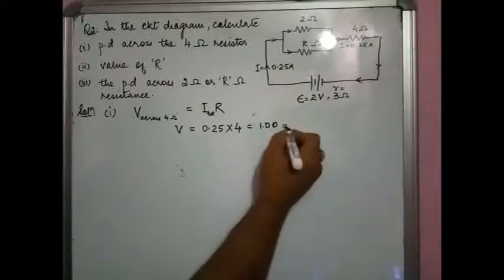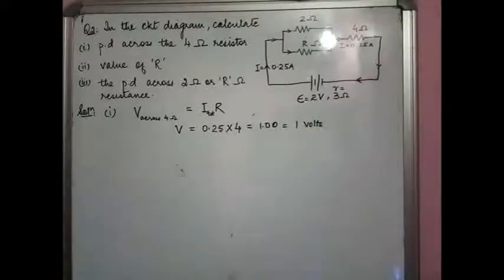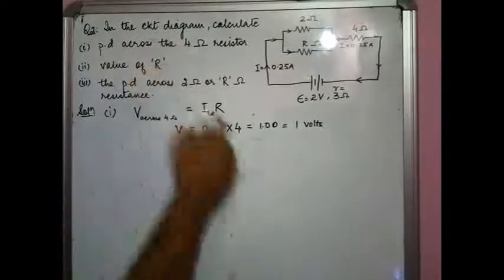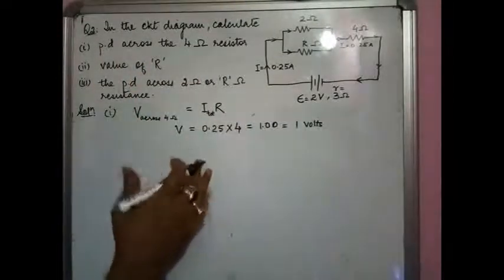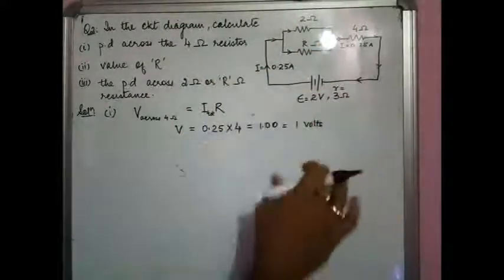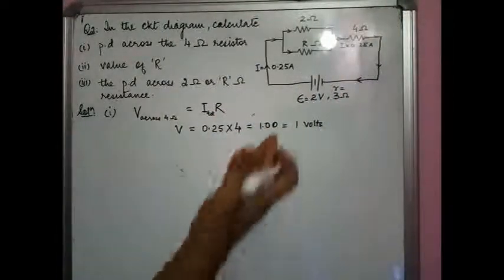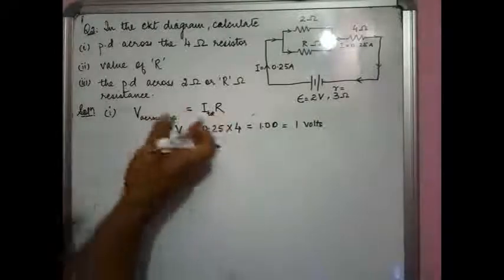So we are going to get this as 1 volt. Okay, so the answer for the first part, the potential drop across the 4 ohm resistor, is 1 volt. So this is the calculation way. If you want to check this in the lab, then you don't have to calculate anything. Simply connect a voltmeter like I showed you, and that voltmeter will show you 1 volt. How is that voltmeter giving you 1 volt? By using the same method.